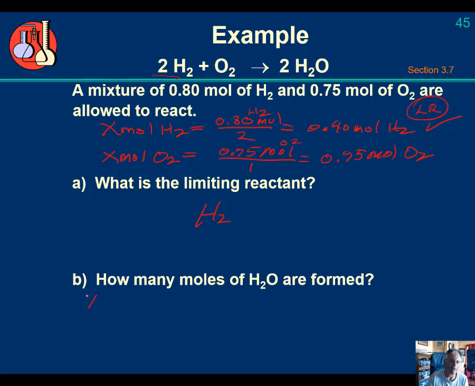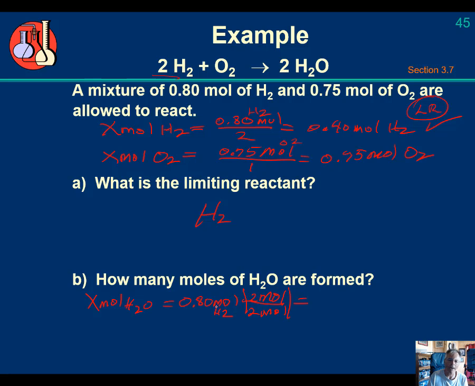Now, how many moles of water are formed? Well, I can go ahead and calculate that real quick. X moles of H2O will equal 0.80 moles of H2. That's my limiting reactant. The coefficient for water is 2, so that's 2 moles of H2O, and my coefficient for H2 is also 2, so that's 2 moles of H2.